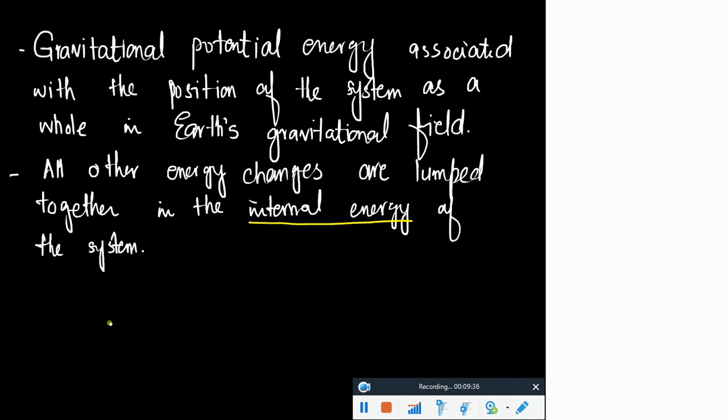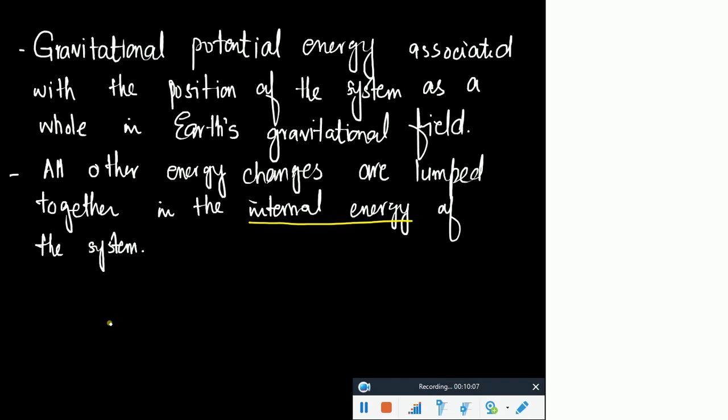Just try to understand these three things. There is the first form, which is the kinetic energy. There is the other form, which is the gravitational potential energy. And then there is something known as internal energy. For example, if there is a gas contained in a cylinder and you try to stir it with a fan, are you trying to change the kinetic energy of the system as a whole, the container itself?